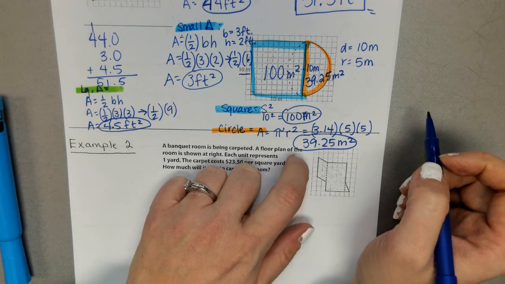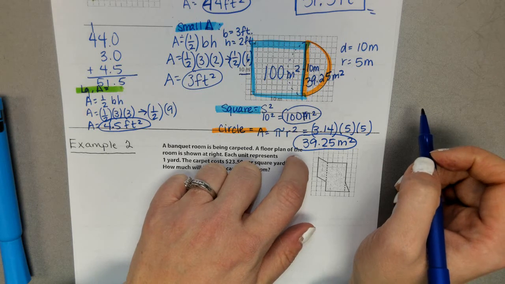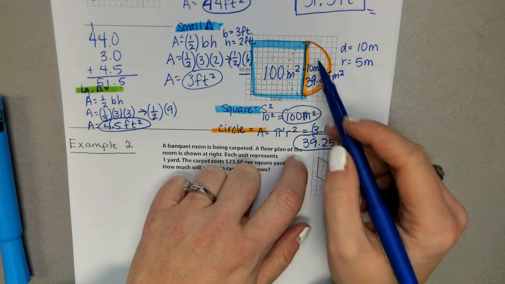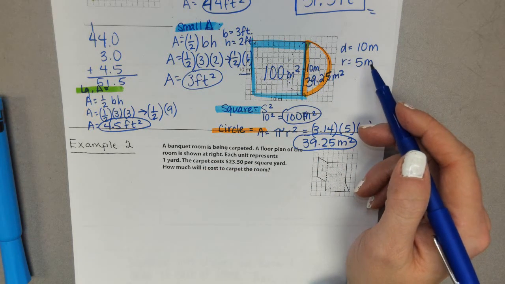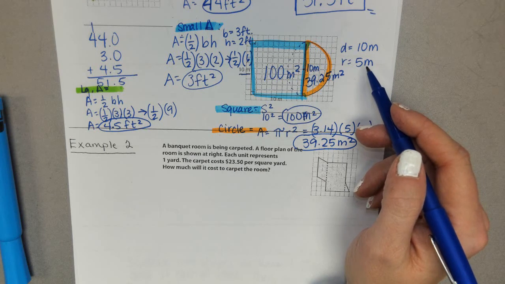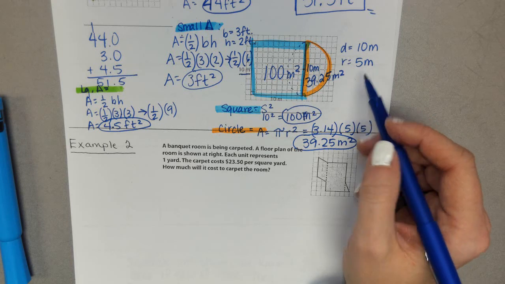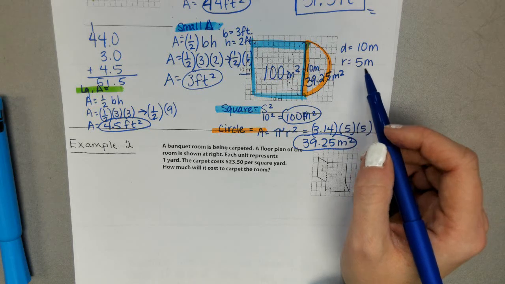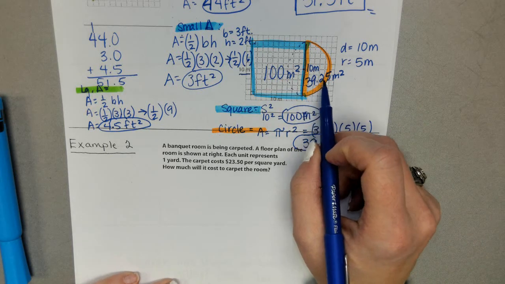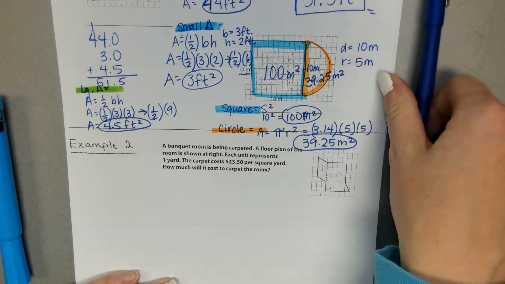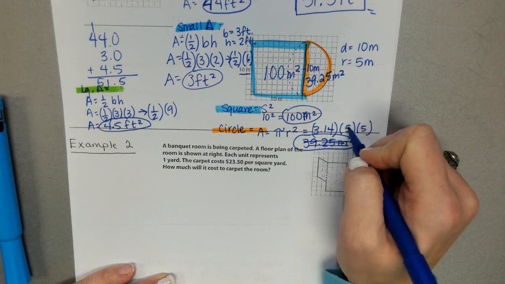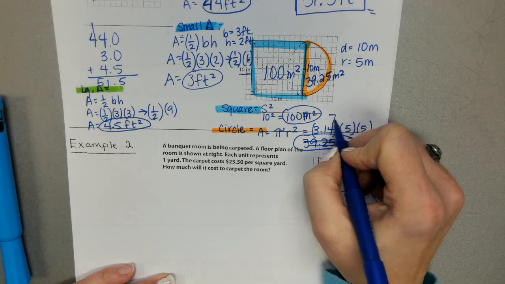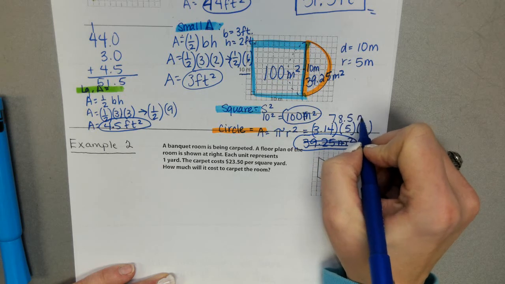But that's not what this whole thing is. We don't have a whole circle. It's a half of a circle. So we are going to need to divide. I'm sorry. Let me back up. I got ahead of myself. The whole circle is not 39.25. If you did 3.14 times 5 times 5, you would get 78.5 meters squared.